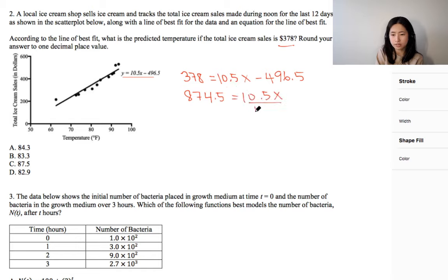So dividing both sides by 10.5, you get x is equal to 83.23, right? So that would be 83.3. And this is in degrees Fahrenheit, right? So in that case, that would be B right here.